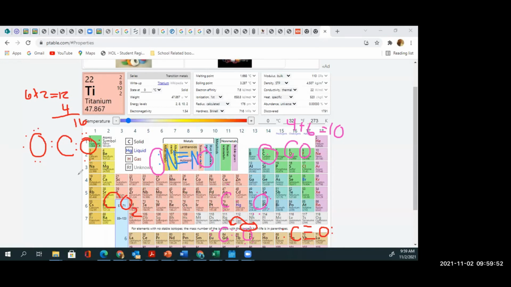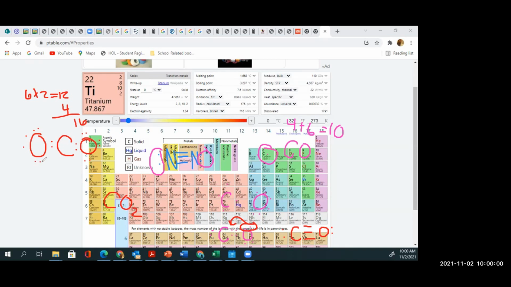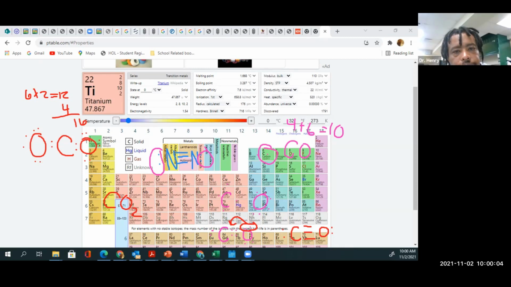Can we take 2 from each oxygen? Okay, so we'll take 2 from each oxygen. So I'm just going to circle these in orange. That's not a good color. It's funny how great it looks on my screen, and then when I put it on the big screen, it doesn't look the same.